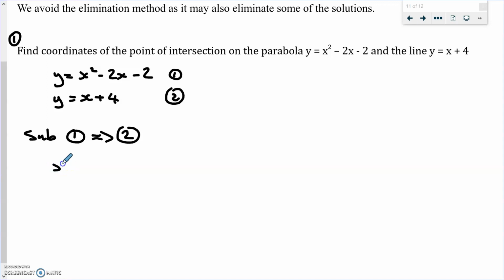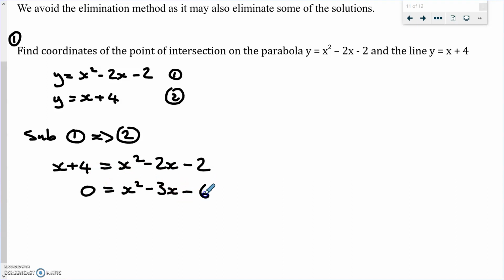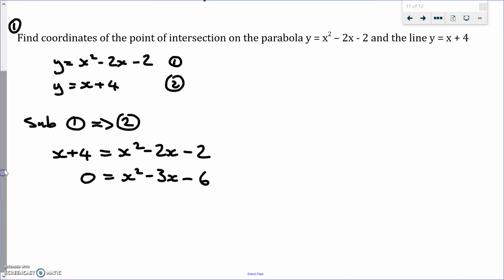So x plus 4 equals x squared minus 2x minus 2. Let's take everything over, so subtract x, subtract 4. So x squared minus 3x minus 6. To solve this, I'm going to use the quadratic formula.